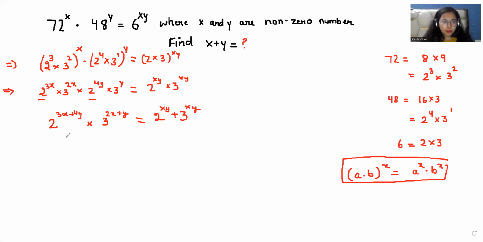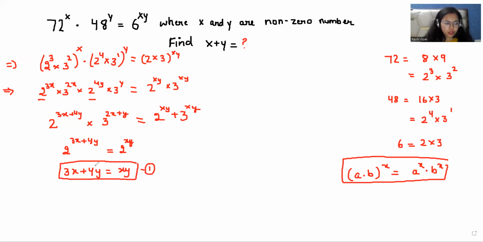Now if I compare the base, 2 is equal to 2, so 2 power 3x plus 4y is equal to 2 power xy. If the bases are equal, that means the powers are also equal. So we can write 3x plus 4y is equal to xy, and consider this as equation 1.